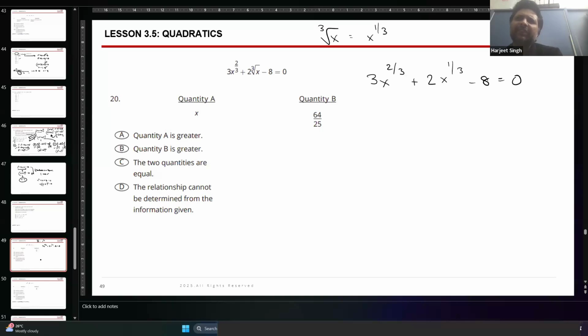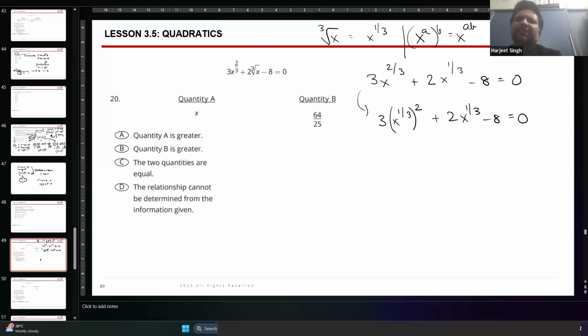And clearly, if you can see, this x raised to 1 by 3 looks like a commonality. So I can rewrite this equation as 3 into (x raised to 1 by 3) square plus 2x raised to 1 by 3 minus 8 equal to 0. So I'm using the fact that (x raised to a) raised to b is x raised to ab.